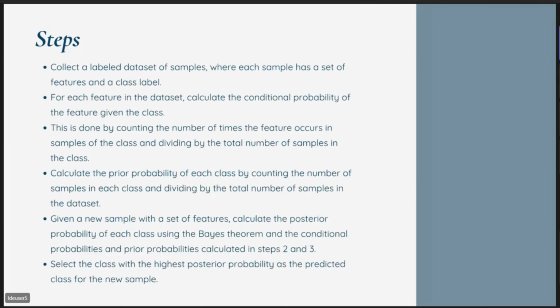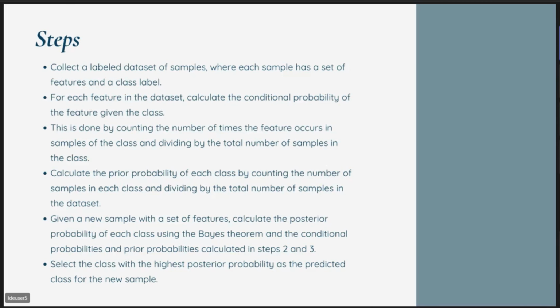So a few steps are going to be involved when you're working with a naive Bayes model. As usual, you first collect your data, right? So your data has some features and a target. The target has labeled classes like class A, class B, yes, no, bird, cat, some class like that.